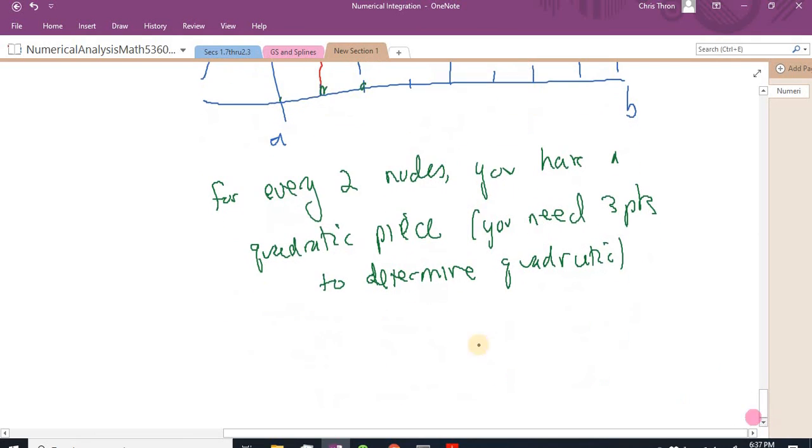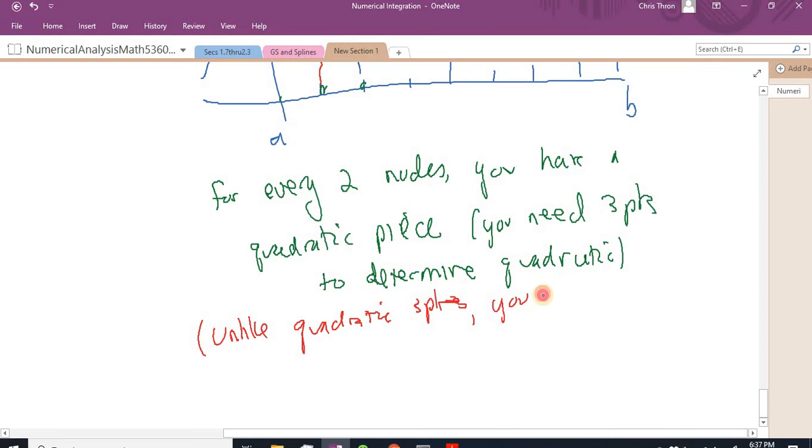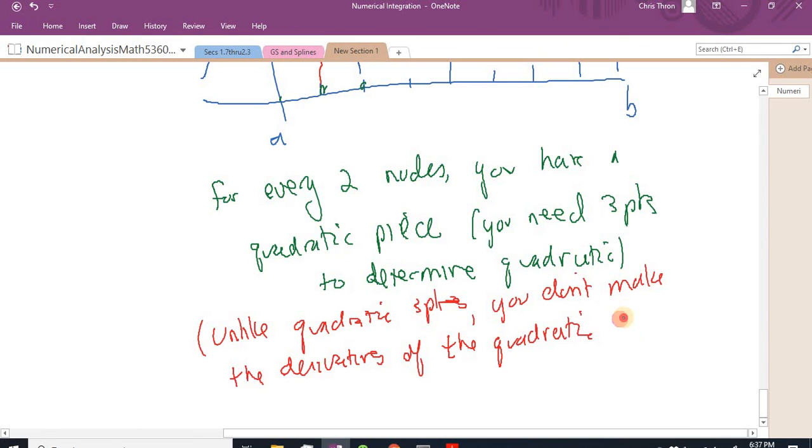So I can say that, unlike quadratic splines, you don't make the derivatives of the quadratic pieces continuous. Is there a reason behind that?